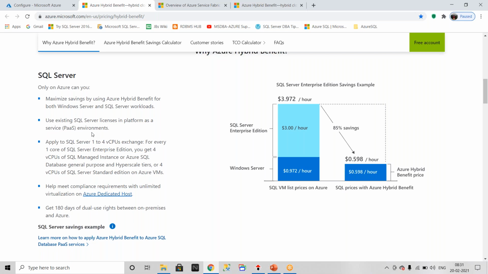So whatever 1 core SQL Server Enterprise license you have on-prem can be used on Azure Managed Instance or Azure SQL Database only under general purpose and hyperscale, sir. You will get 4 core. Got it? Online people, are you getting my point?